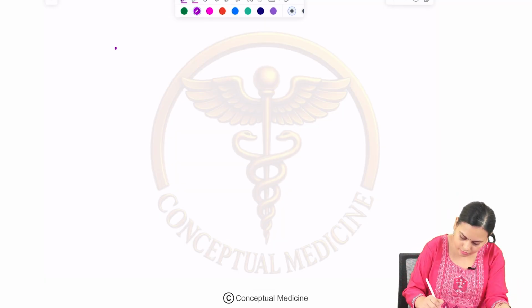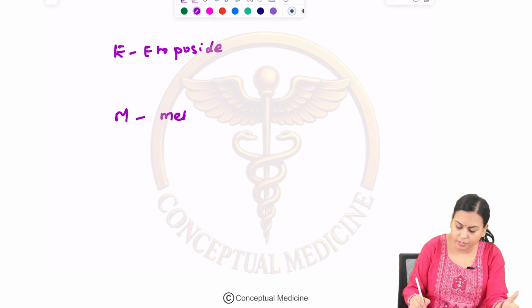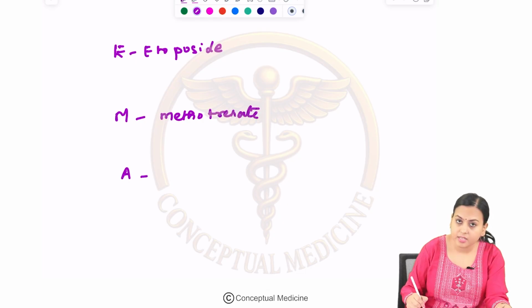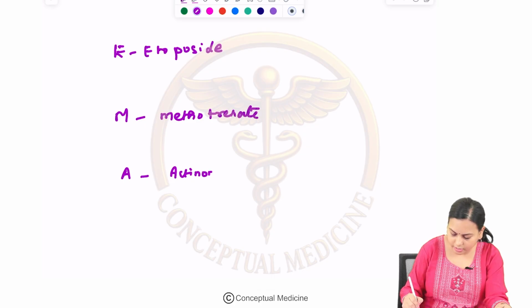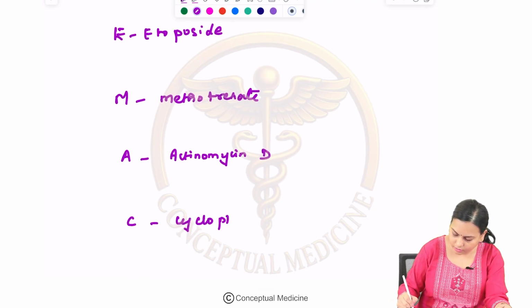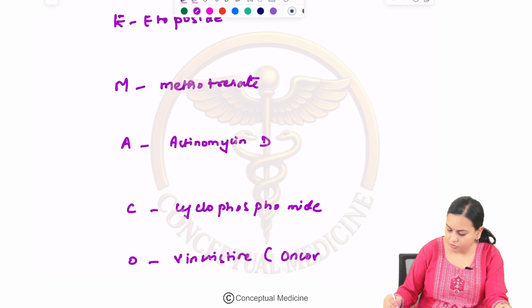This includes etoposide, M, yes, methotrexate again, then A, the alternative drug I told you, actinomycin D, then C is cyclophosphamide, and O represents vincristine, whose other name is Oncovin.